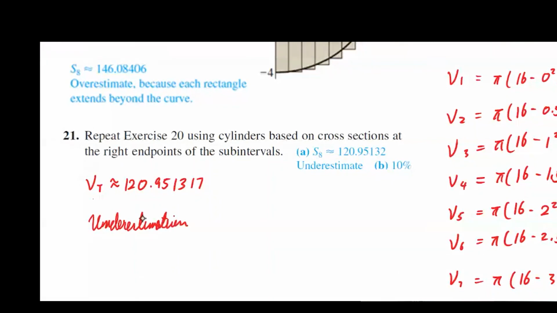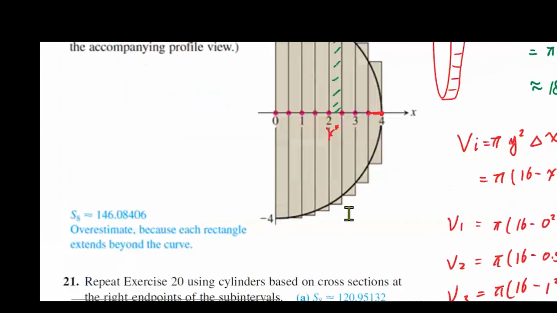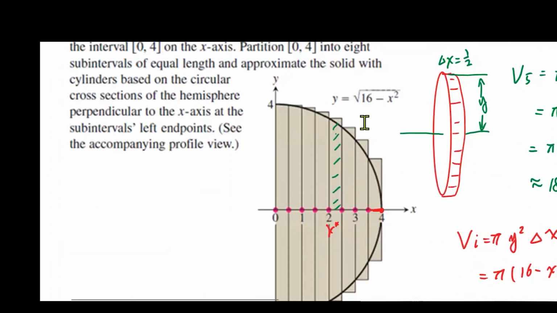Why is that? If I put this one on the test, this is over approximation, overestimation, right? Because as you can see, it's sticking out here. So it's over. Is it because the rectangles are under the curve? I know, but what causes this thing to be over in this case and under in this case?